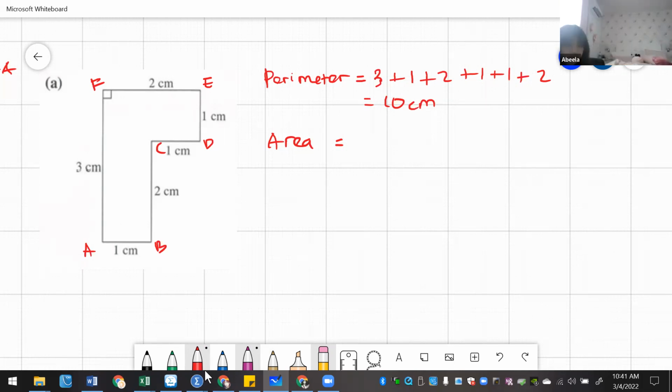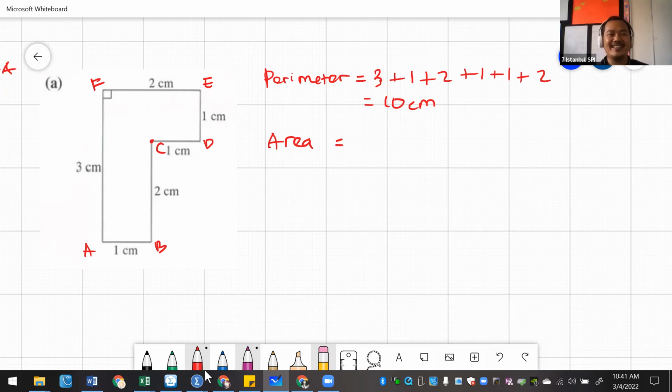Sabar, Pak. Dari titik mana ya? Oke, bagaimana? Dari C ya? Boleh dari C. Mau bikin horizontal atau vertikal? Terserah. Harus tahu ya mana horizontal mana vertikal, jangan sampai salah nih ya.